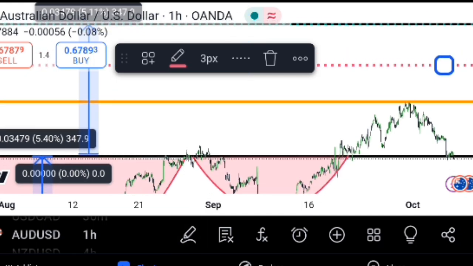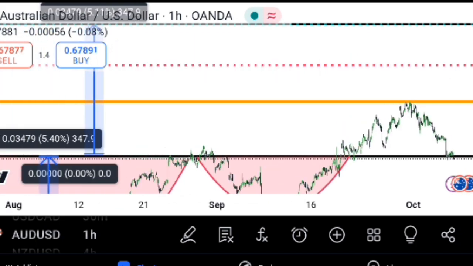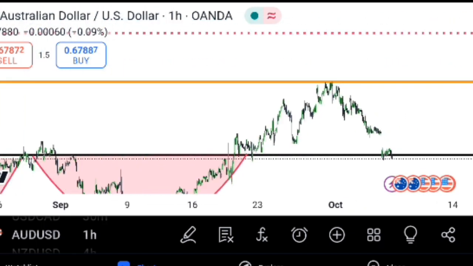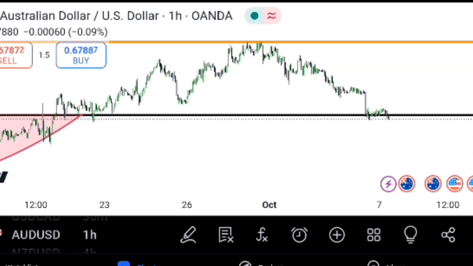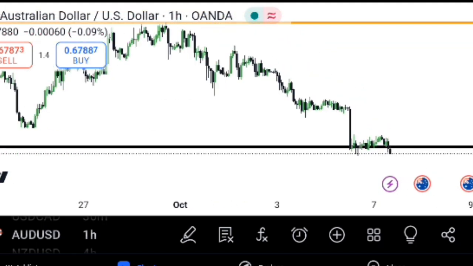The principle of moving to the next take profit depends on the reaction at the next resistance. So if price reaches the orange resistance, we are supposed to see some kind of breakout retest before we enter more buys. But currently we could enter our buys at this point because the overall trend is an uptrend.